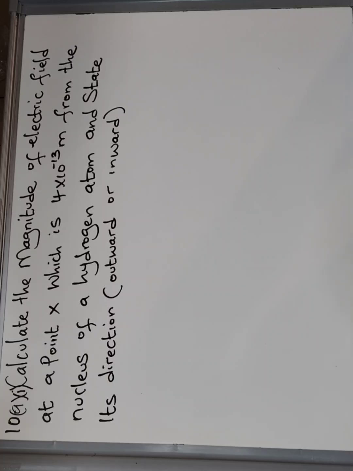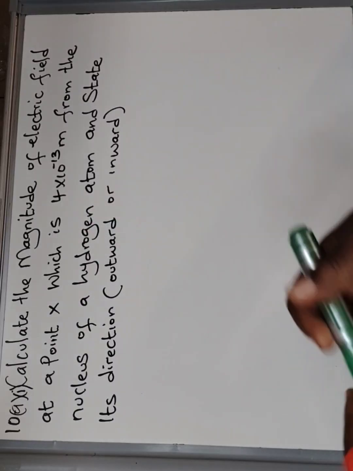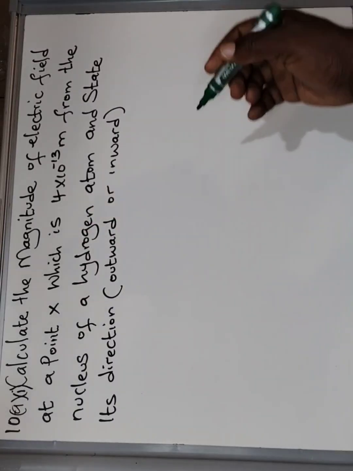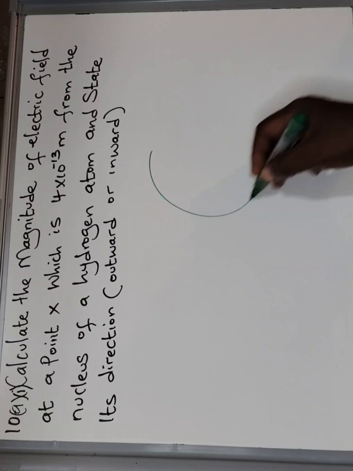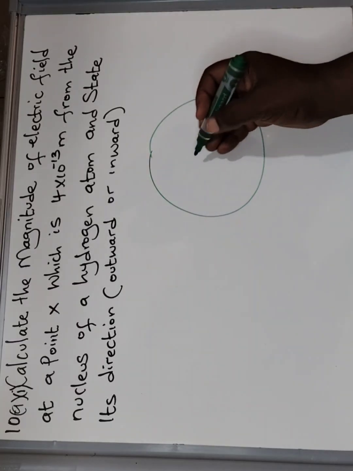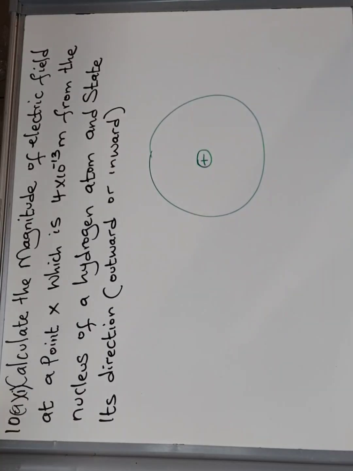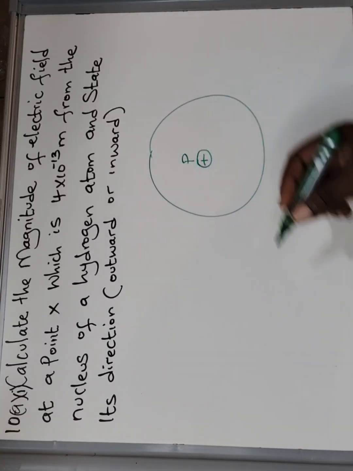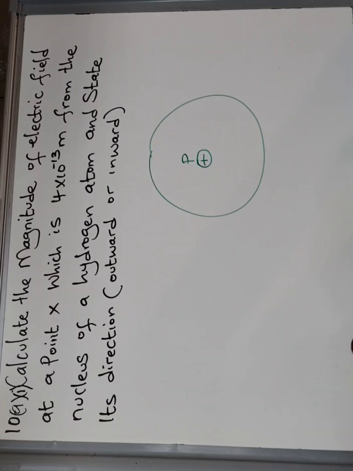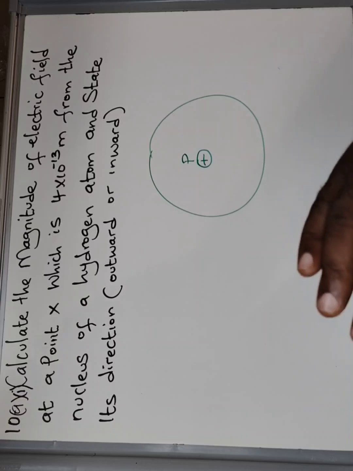Here you have to remember the picture of the hydrogen atom. Assuming that we are taking Bohr's atomic model, in the nucleus of the hydrogen atom there's only one proton. That's why most of the time we use it, because it is very simplified.